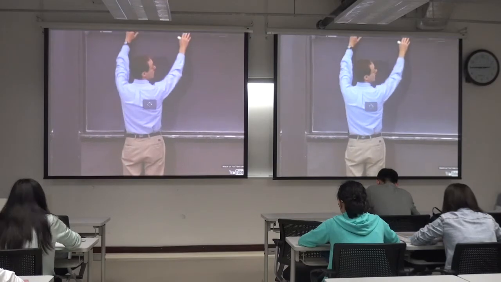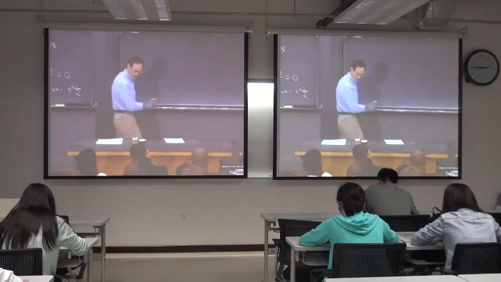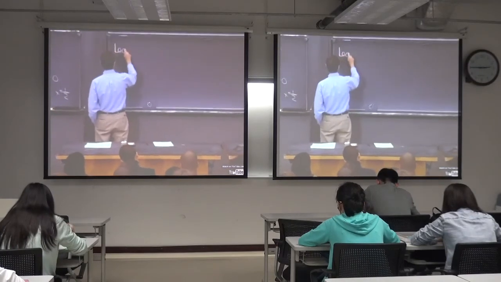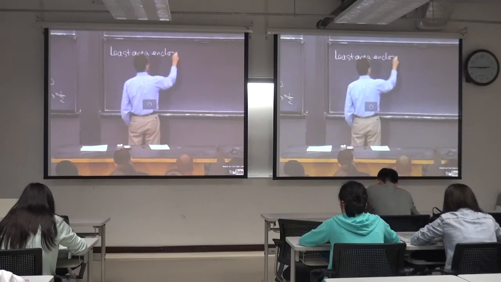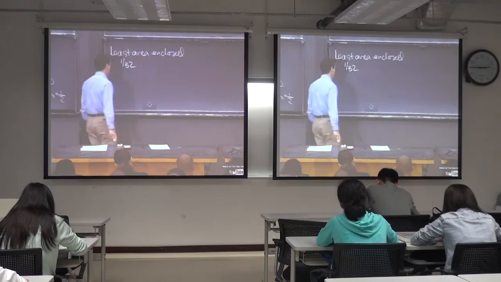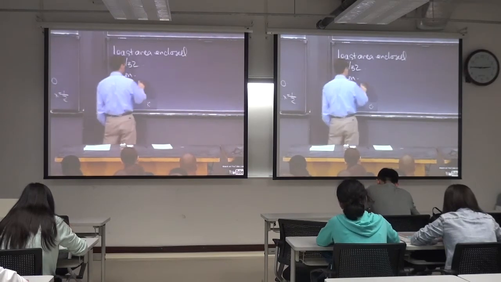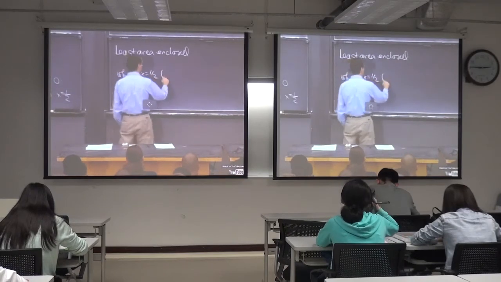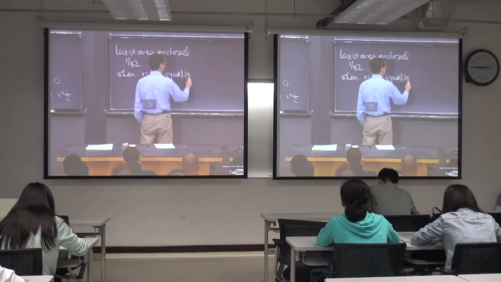maybe some other time. All right, so what we find here is that we have the least area enclosed is the 1/32, right? And this is true when x equals 1/2. So these are equal squares.